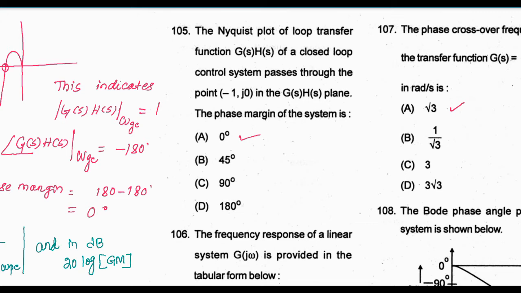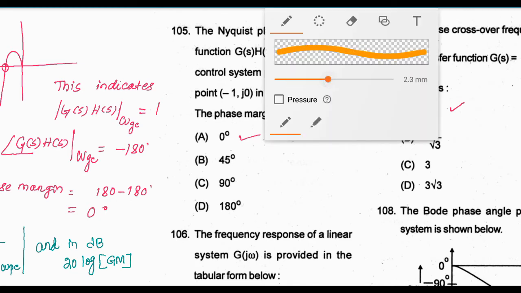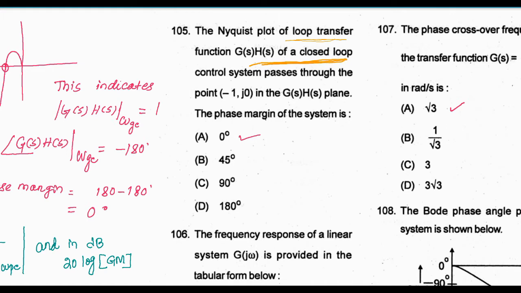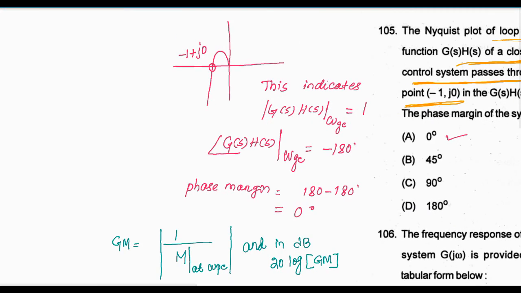The Nyquist plot of the loop transfer function passes through the point minus 1 plus j0, so this will look like this.